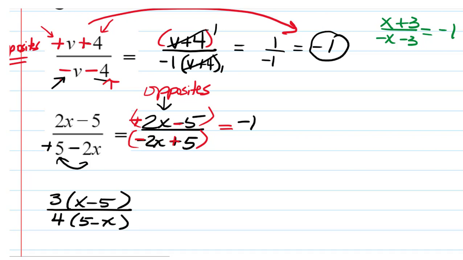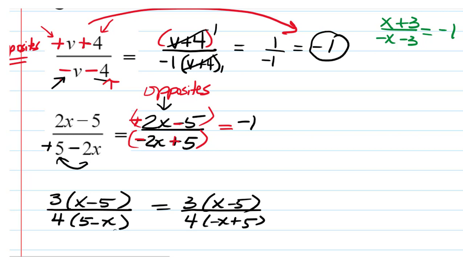All right, so do we have the same factor where we can reduce and get 1? No, because these don't match up. Watch. This is 3 times x minus 5, and rearranging the order so that the x is first, we're going to have 4 times negative x plus 5.